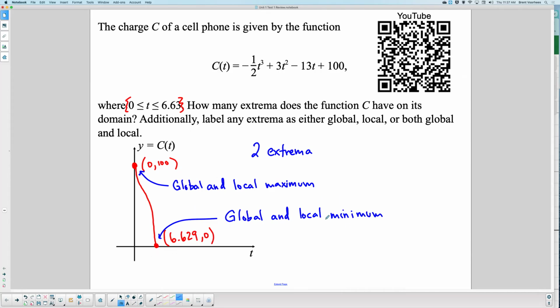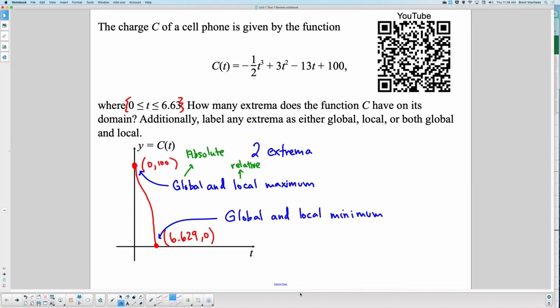All extrema are always relative, they're always locals, but they're not always absolutes or globals. Global and absolute mean the same thing. Whereas local means relative. In this case, they both work.